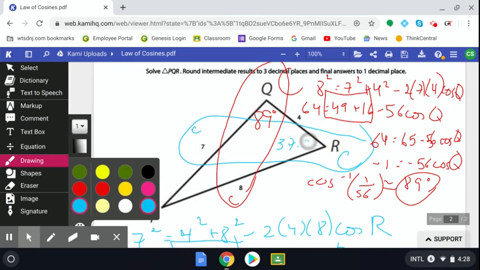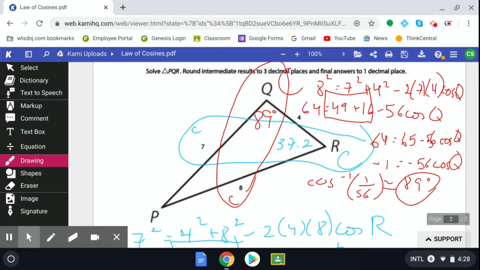And then you just have to subtract that sum from 180. So according to my calculations, this one should be 180 minus 37.2 plus 89, which gives me 53.8. And now I am done because I have the three sides and the three angles in this non-right triangle.